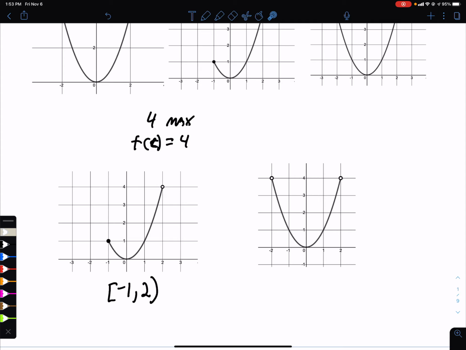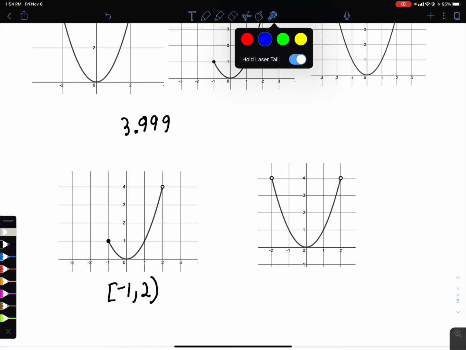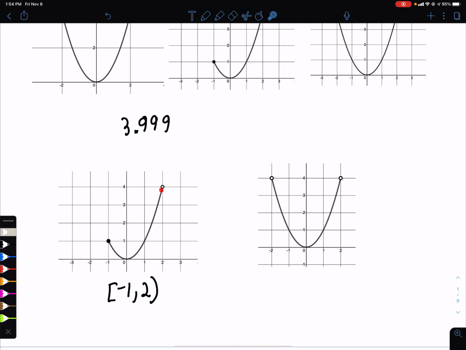Then someone says, okay, you're right on that. I say the maximum is 3.999. There's a point 3.999 like right below there. So I would agree there is some value c, some x value like, I don't know, somewhere right here, 1.9999, and then the y value here is like 3.9999.